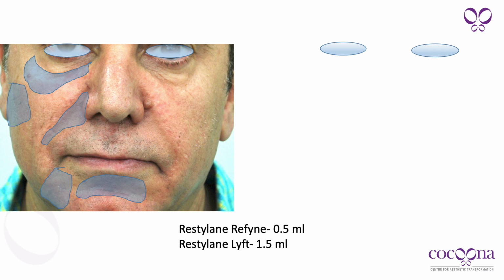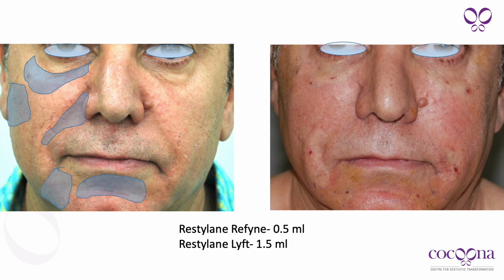So I've used Restylane Refyne and Lyft. Refyne for the periorbital region and Lyft for the rest of the areas, and that's immediately after the injection, correction of all of these volume deficiency areas.